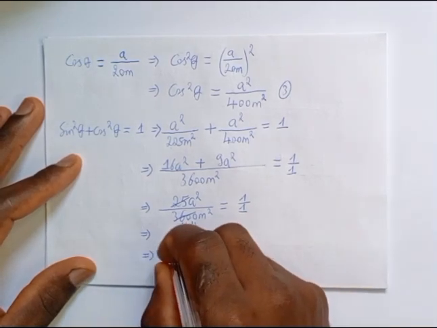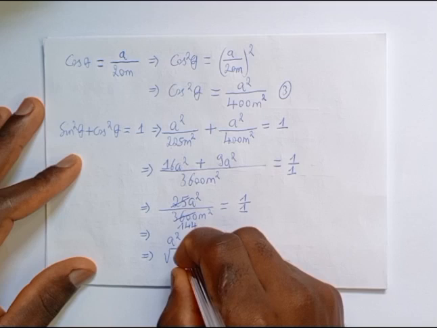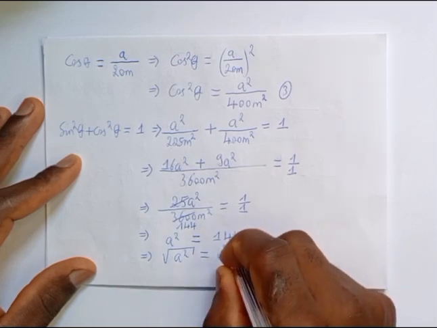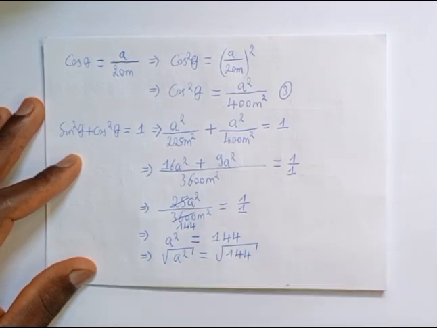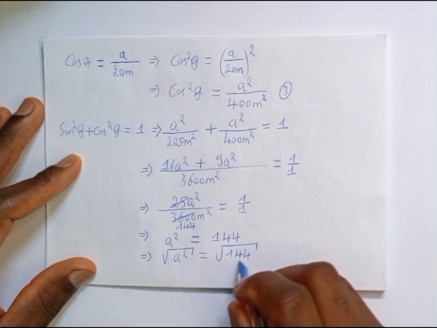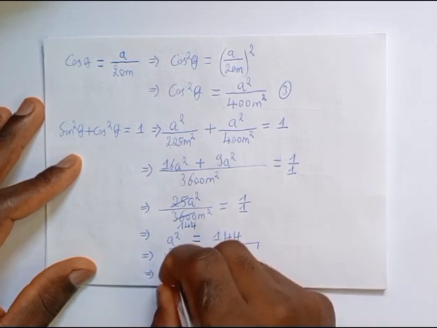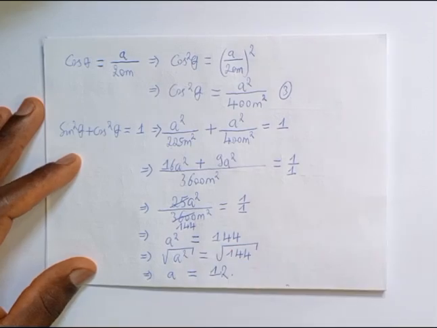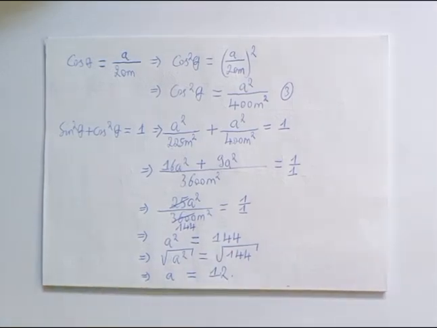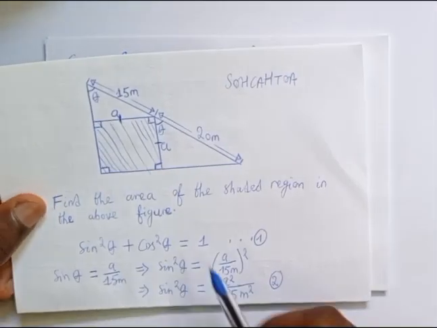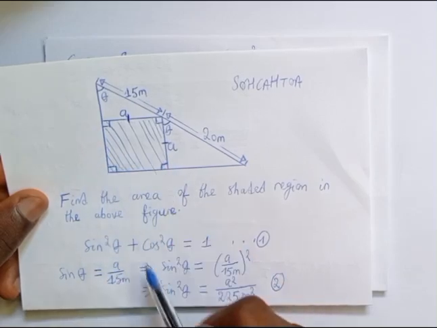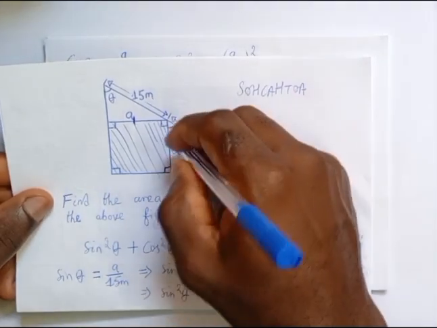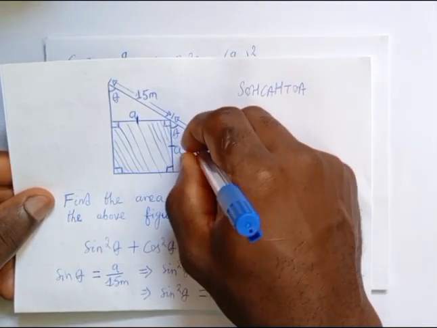This will imply that if we take square root on both sides, the square root of A squared will be equal to the square root of 144. This will imply that A will be equal to 12. It simply means this square is of side 12. A is equal to 12.